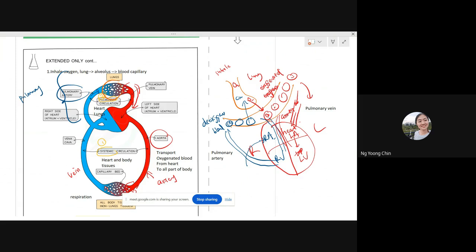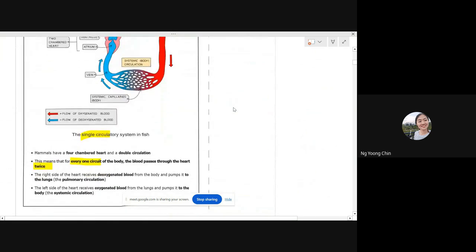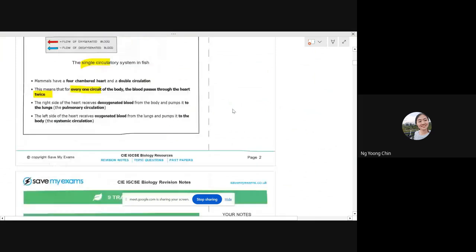So how about systemic? Systemic is the circulation which involves the heart to the body cells, body tissue. So this is known as the systemic, which is the whole system. It represents the whole system. And then we have the open and the closed circulatory system, right?